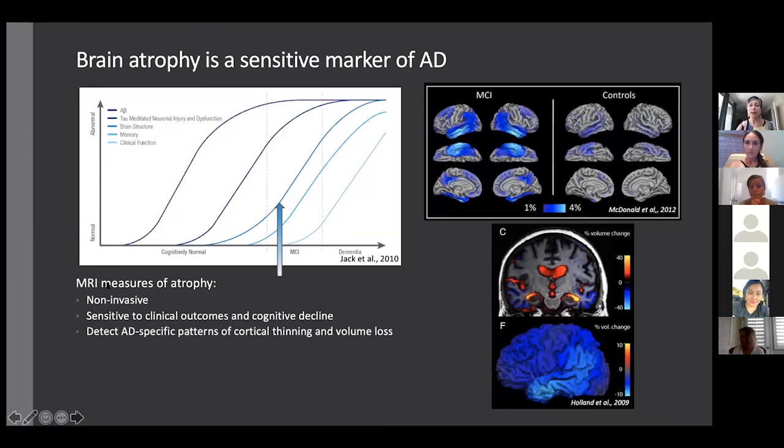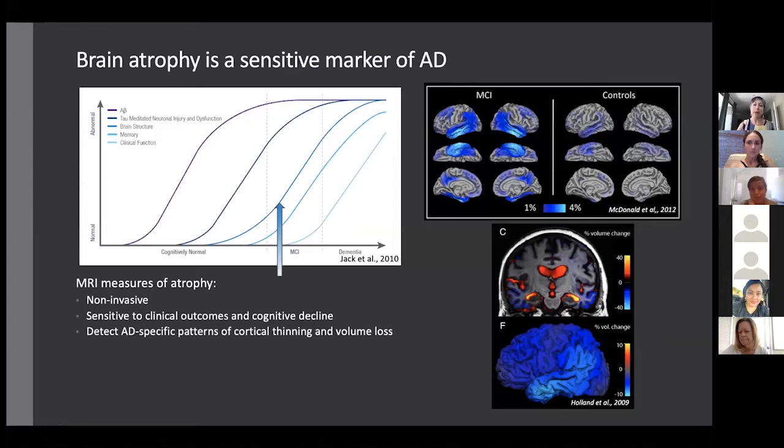So MRI is non-invasive. It's easy to perform in the clinic. It's been shown to be highly sensitive to clinical outcomes, cognitive decline, and disease progression. It correlates very well with cognitive measures. And the patterns of cortical thinning and volume loss tend to be unique and specific to Alzheimer's disease.